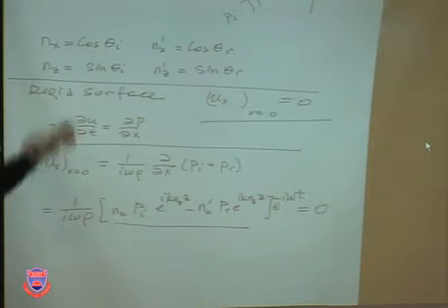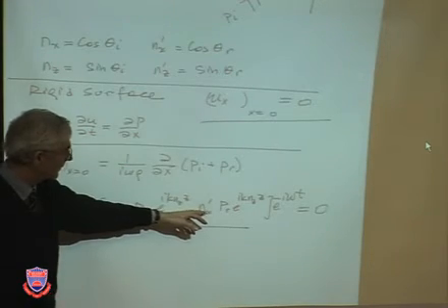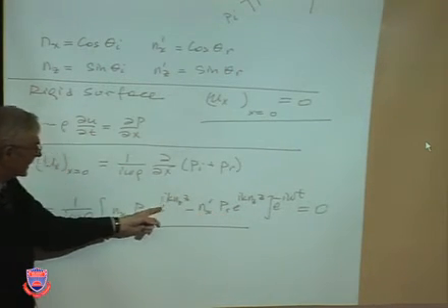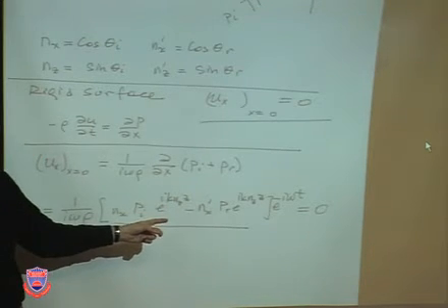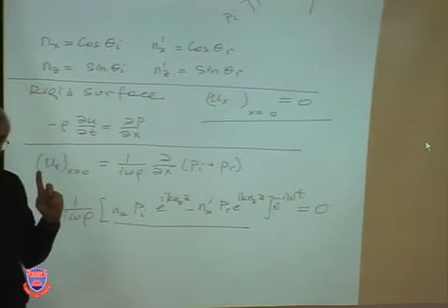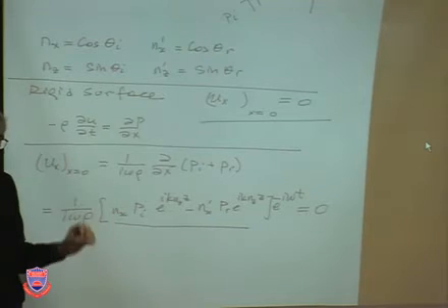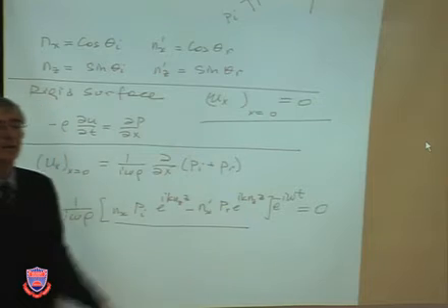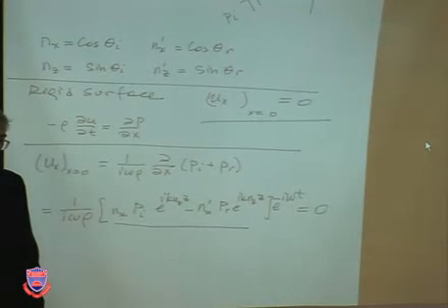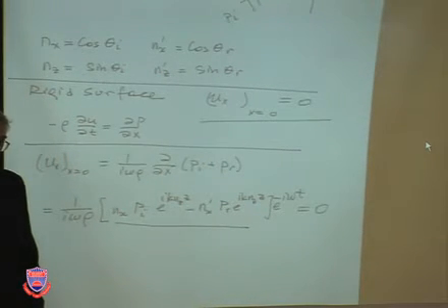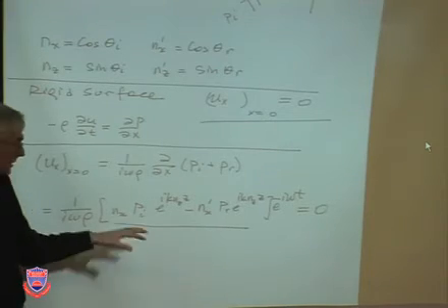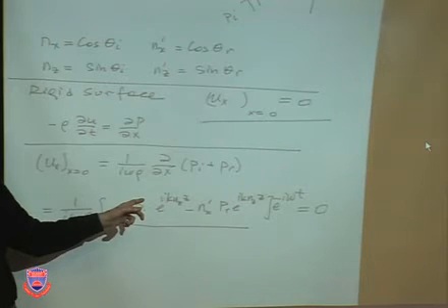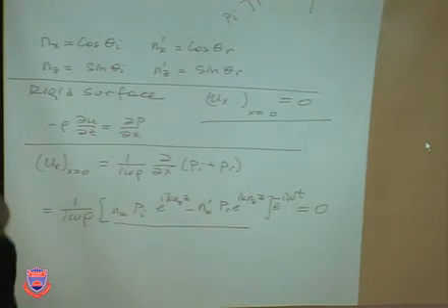You have the reflected angle's cosine, two amplitudes, and two exponential functions. For this equation to hold, to be equal to 0, definitely the arguments of the exponents must be the same. That's a condition. Doesn't matter what these are, they must be equal as functions.